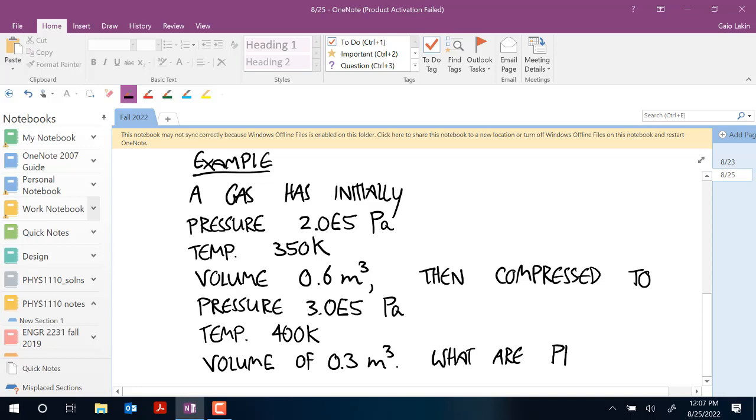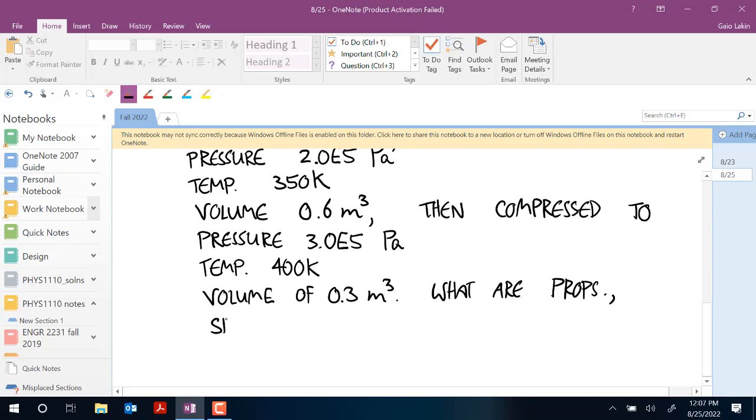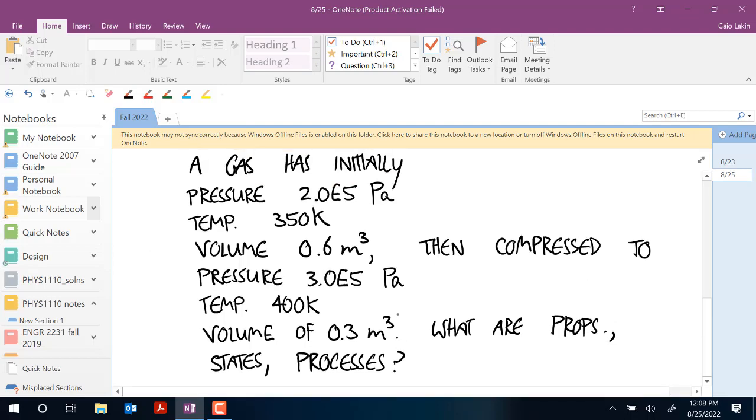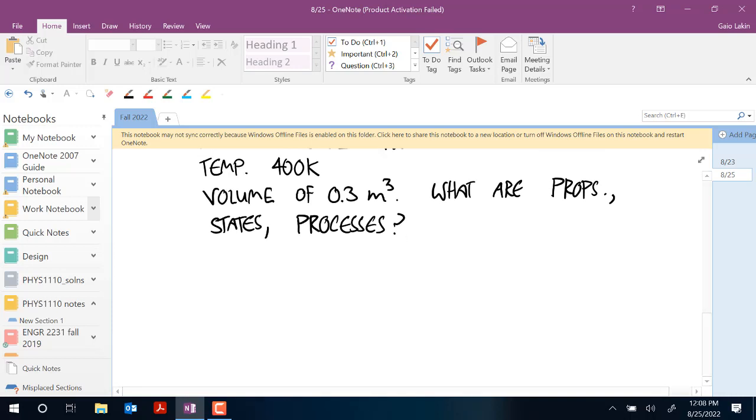What are the properties, states, and processes? Well, there's two states in this problem description. The first one is what's going on at instant 1. The second one is what's going on at instant 2.